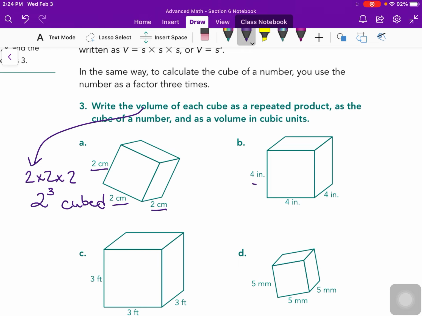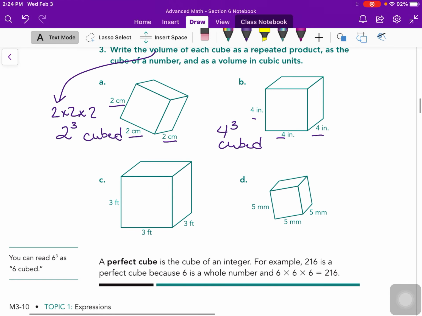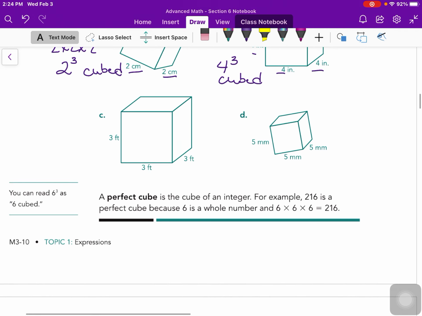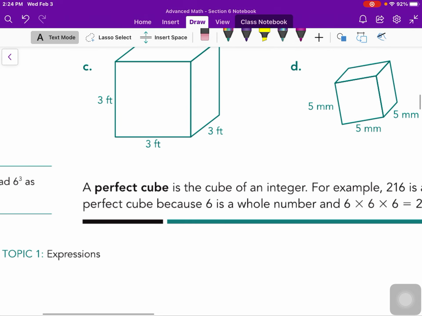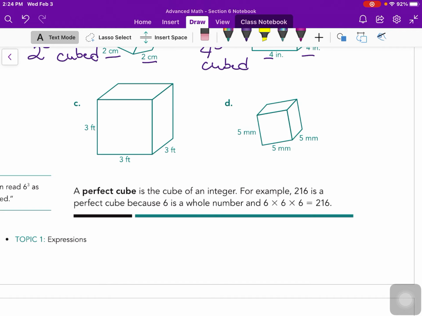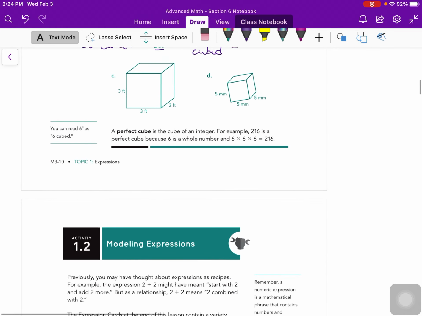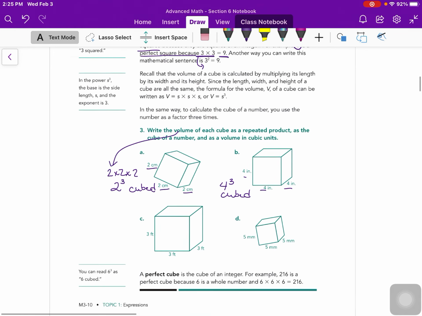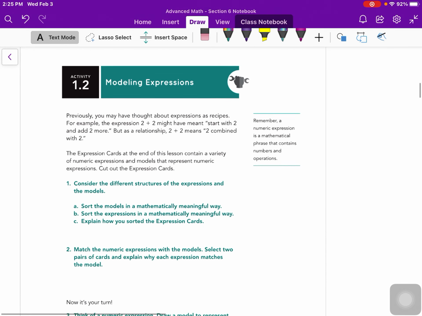This one we could call 4 cubed because it makes a cube. And again, every time you have the same number to the power of 3 or the power of 2, we can call them a perfect cube or a perfect square. A perfect cube has all three sides the same, like we said. Okay, that's just a little review for us on that.